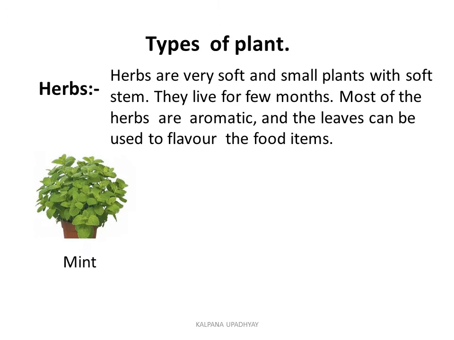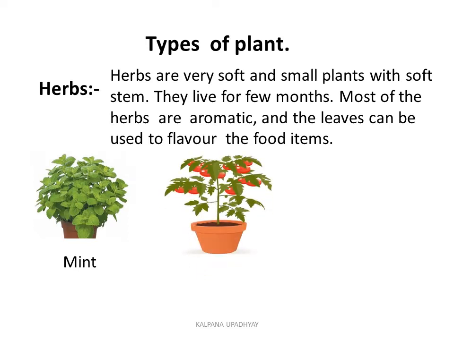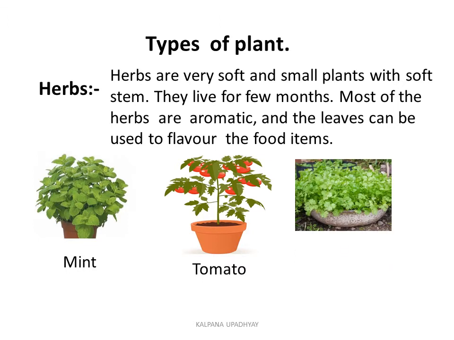Here, mint. Mint has strong smell and flavor. We use this as chutney. Tomato. Coriander also has a strong smell.